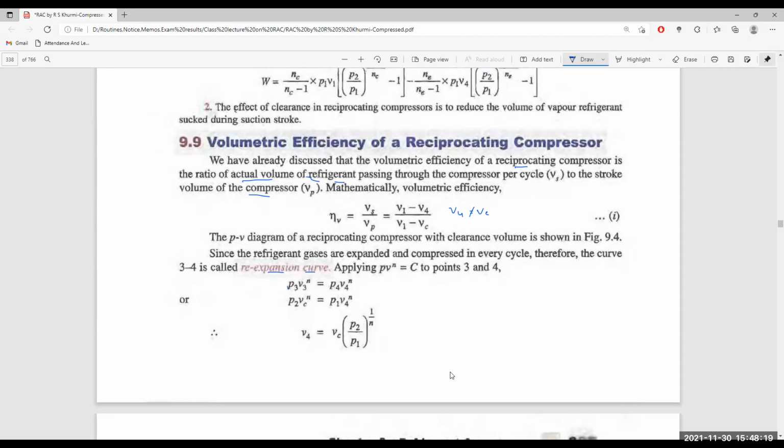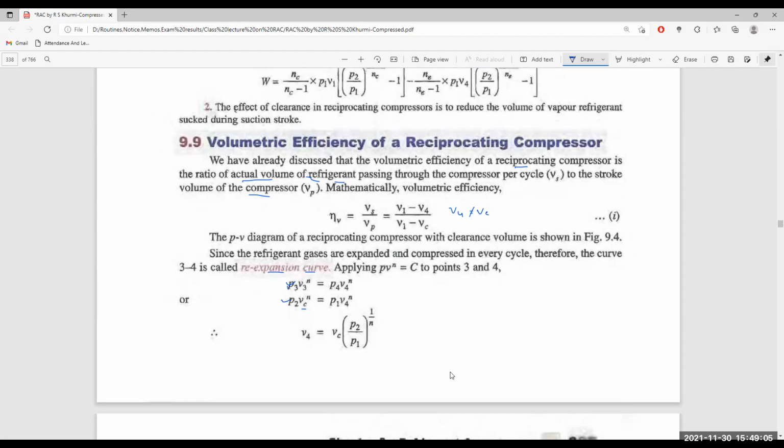P3 is equal to P2 because discharging takes place at the same pressure, so there is no change in pressure. So P2 is equal to P3, and V3 is equal to the clearance volume Vc. P1 is the pressure at the inlet, which is the same as the pressure during the suction, multiplied by V4, the volume at the beginning of the suction.